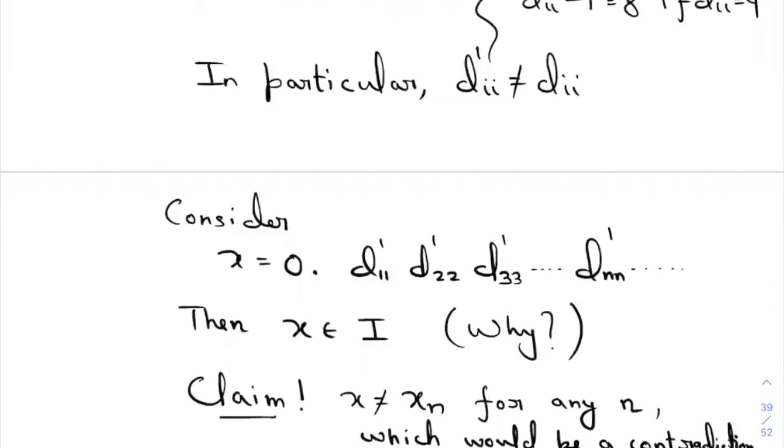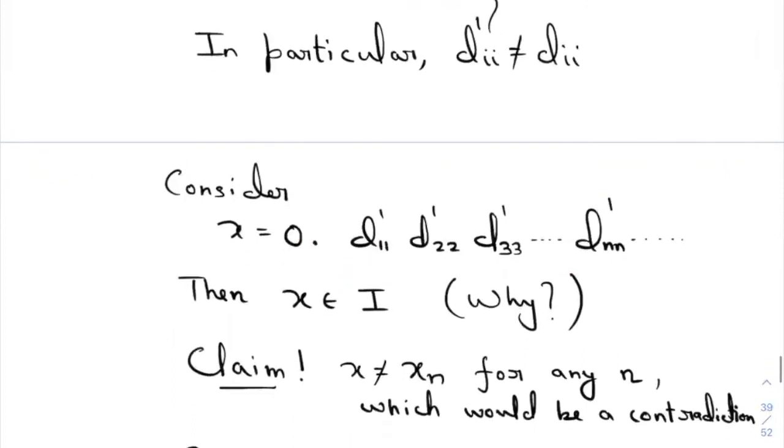By comparing with a geometric series, you can show that this number belongs to the closed interval [0, 1]. Anyway, the key idea is to show that this belongs to I, but does not appear in that list.